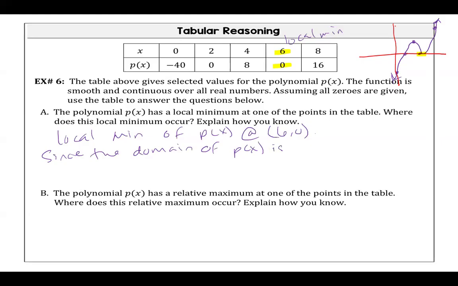Since my domain of X is negative infinity to infinity, and we can read the graph. So as we're reading our table, what happens from here to here? So we are increasing.